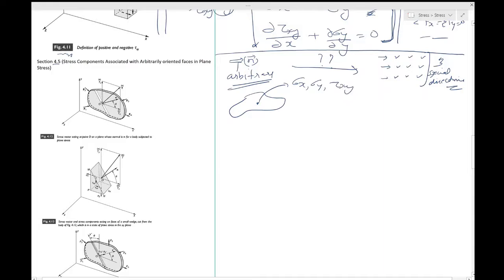Now, what would be the stress vector Tn at this point in terms of these three things which you already know? Remember, these are specially aligned.